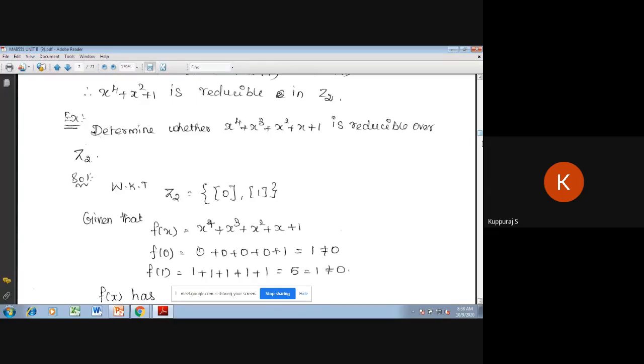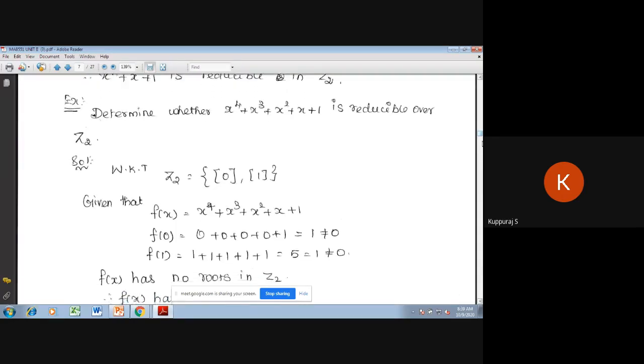We are checking whether the given polynomial has roots or not. If we identify the given polynomial has a root, then simply we can say the given polynomial is reducible. Otherwise, we are going to factorize the given polynomial.